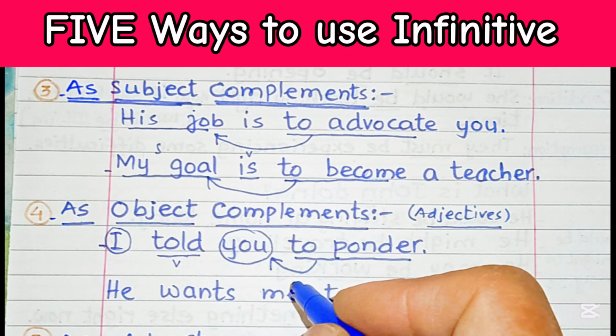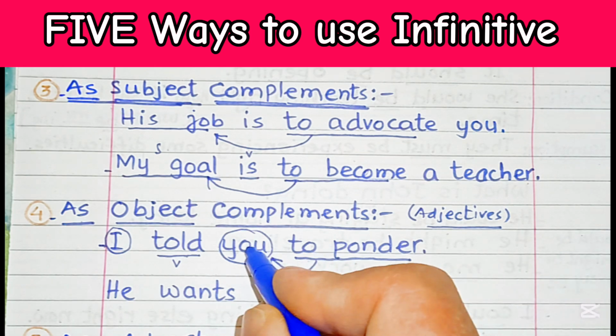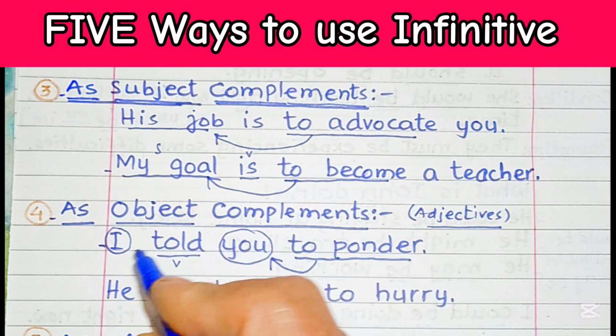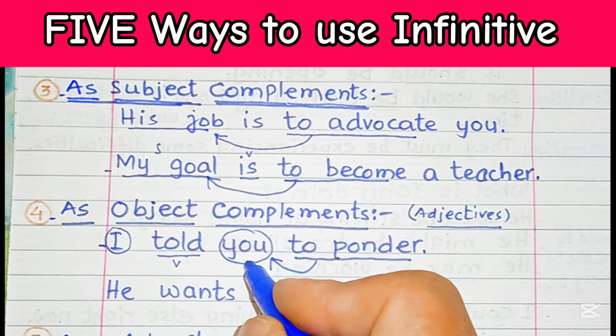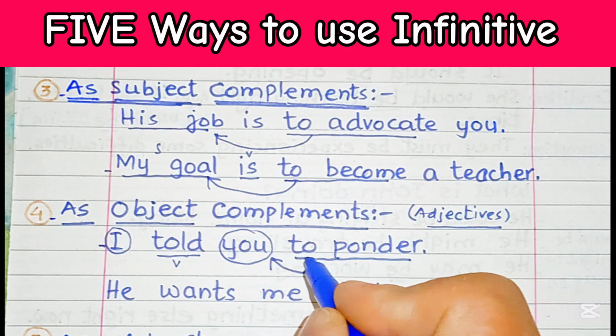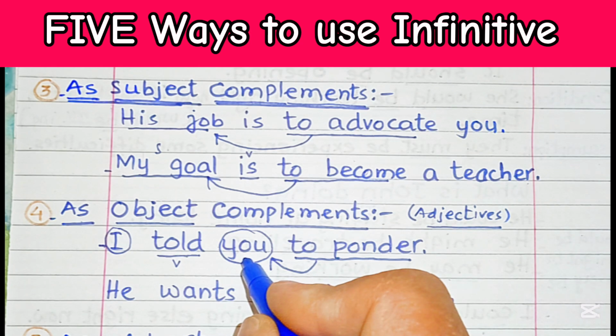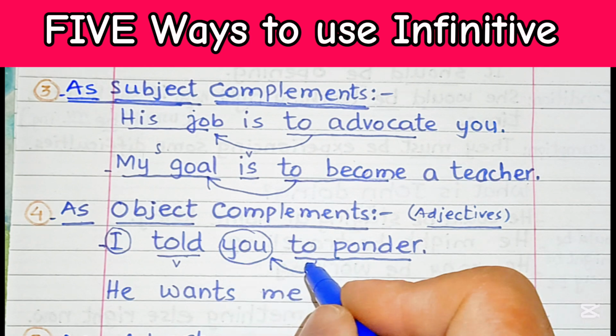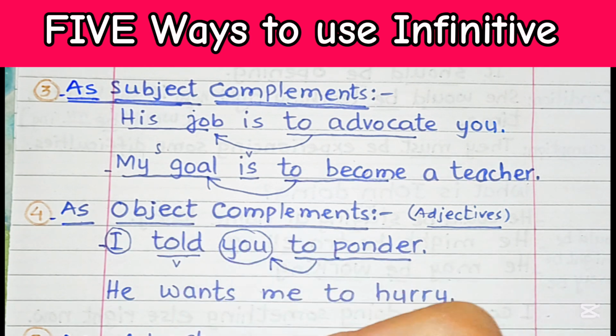It is actually receiving the information over here. I told you. What did I tell? So the answer, to ponder, is describing you, which is the object. So that's why this is an object complement.